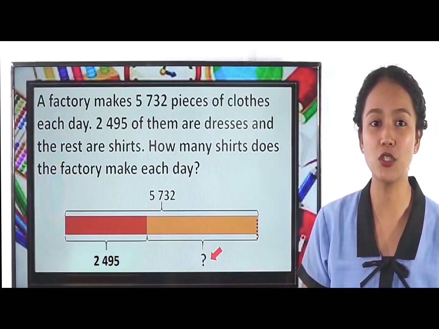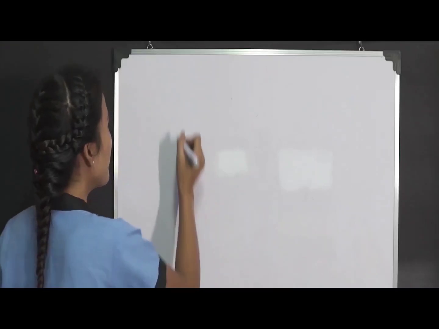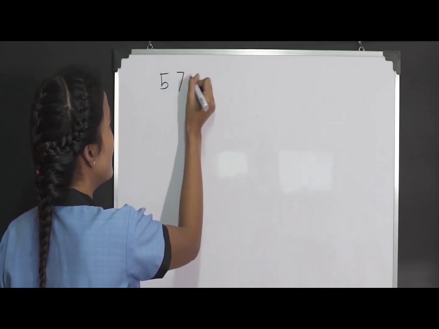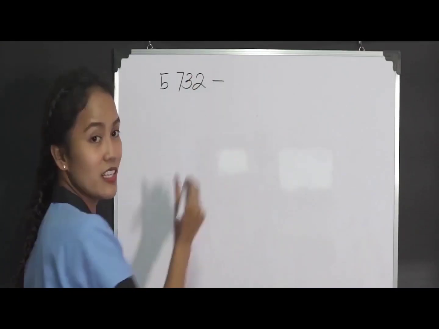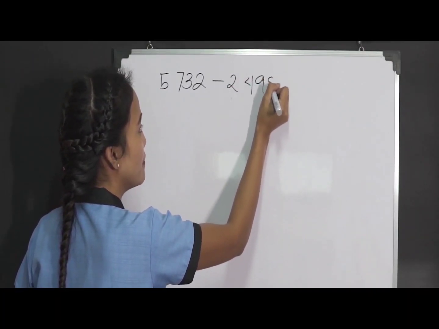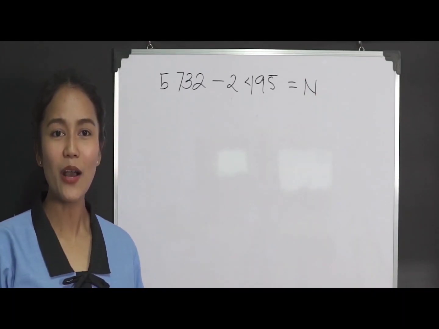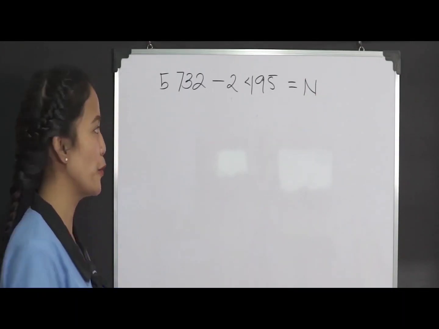So, the operation we are going to use is subtraction. The subtraction sentence for this is 5,732 minus 2,495 equals n. Now, let us solve it in vertical form.